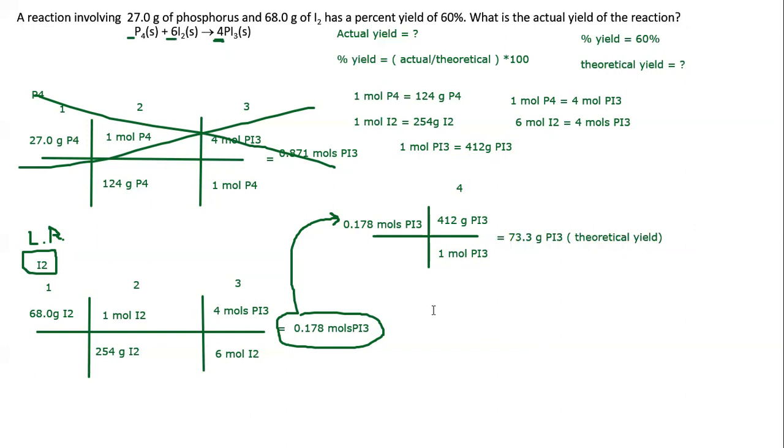Now to calculate actual yield, the actual yield is equal to the percent yield divided by 100 times the theoretical yield.